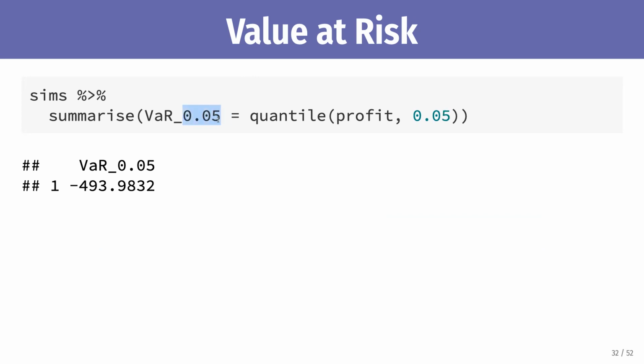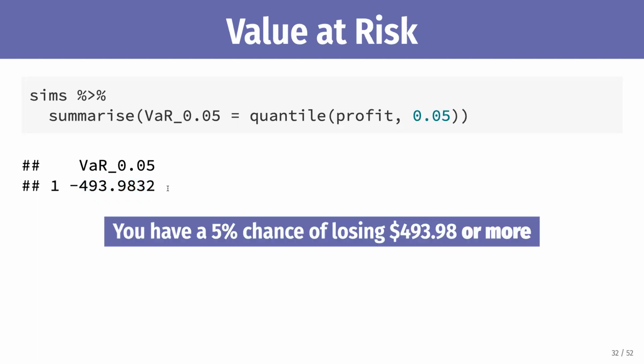If I wanted to know what the value at risk for 0.05 would be, I would just change that quantile to 0.05, and now it's 493. Can somebody tell me how you would interpret that number? Exactly. You have a 5% chance of losing at least $493, or losing $493 or more.